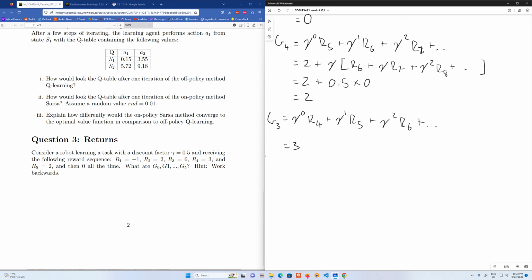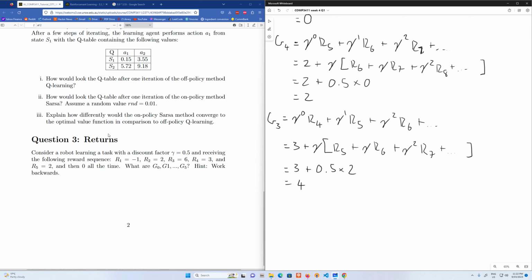That's 3 plus, and if we factor out our gammas again, we'll see that we get the expression for G4 in here. So this reduces down to 3 plus 0.5 times the value that we got for G4, which was 2. And that equals 4.